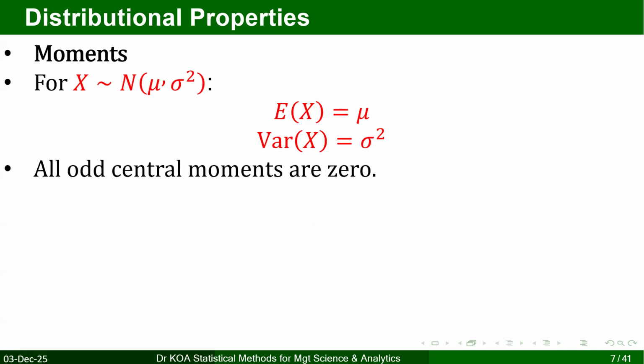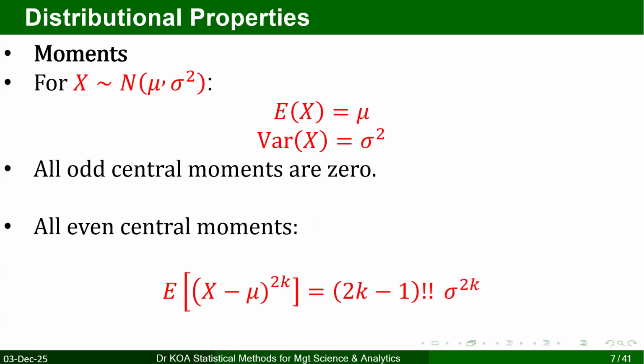All odd central moments are said to be zero. So once you are on the flat level, you are zero. All even central moments like this are not really zero, but they are equal to that. So you can see that this is indicating sort of the variance, the even central moment. The x minus the mu raised to the power, and that will give you this value.